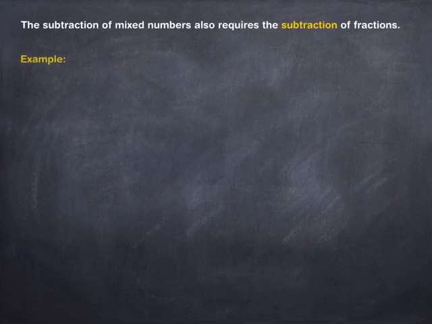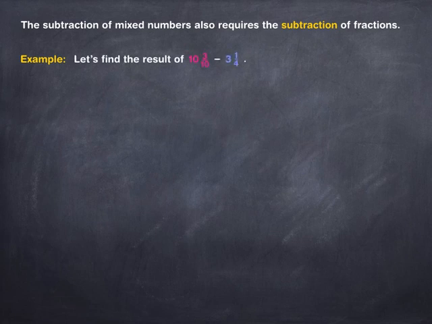The subtraction of mixed numbers also requires the subtraction of fractions. Example: let's find the result of 10 3/10 minus 3 1/4.